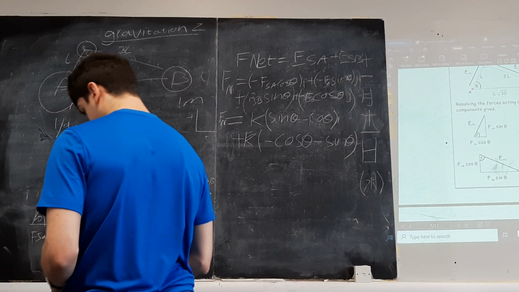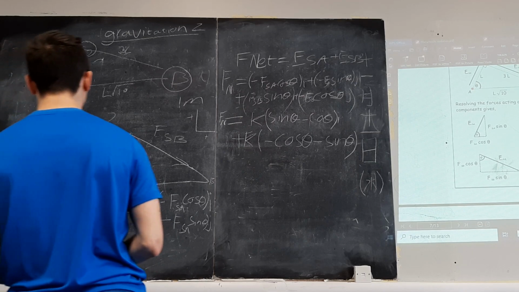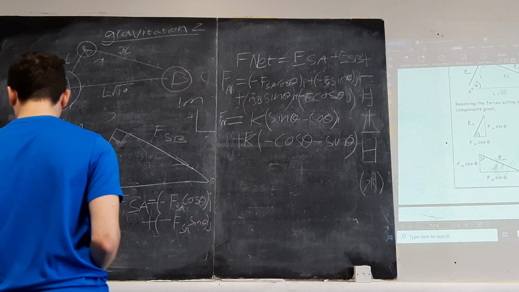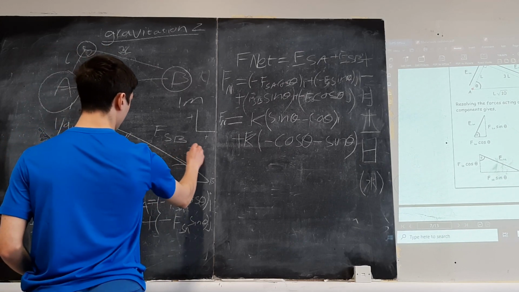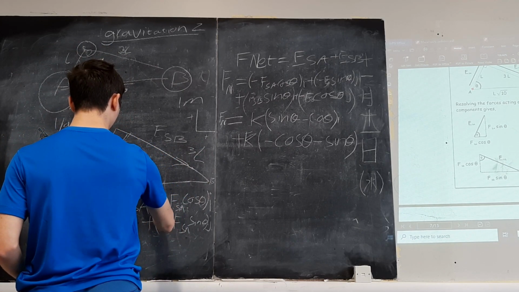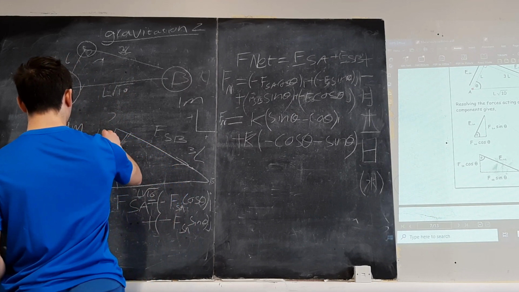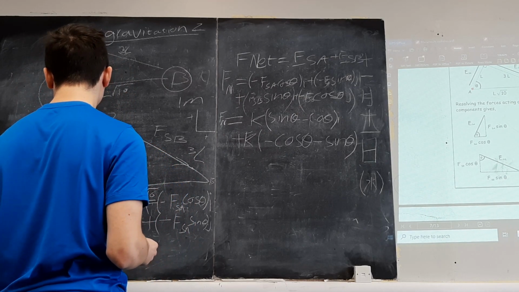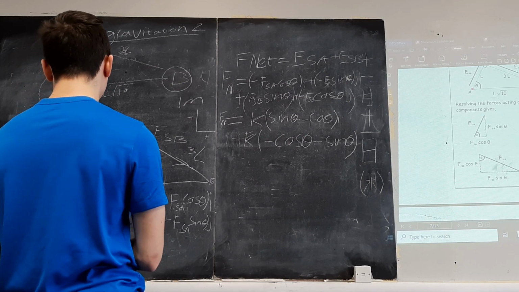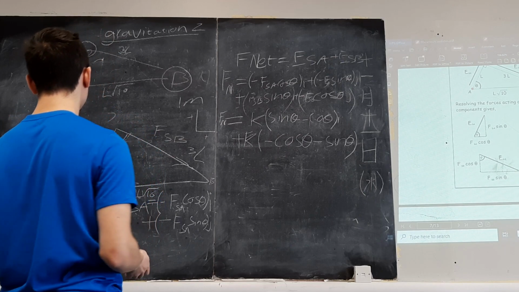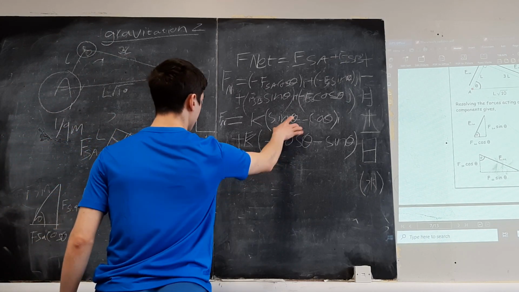So, we have the triangle here with 3L, root 10 L, and L. Through this, we're just substituting these.